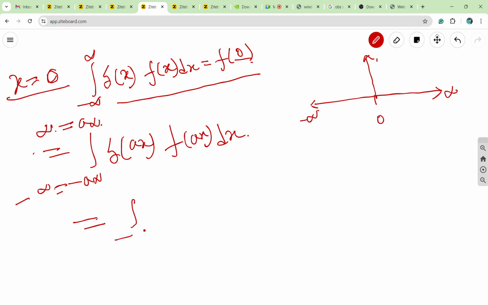So from this we can write it as the integral from minus infinite to infinite of delta of x into f of x dx.